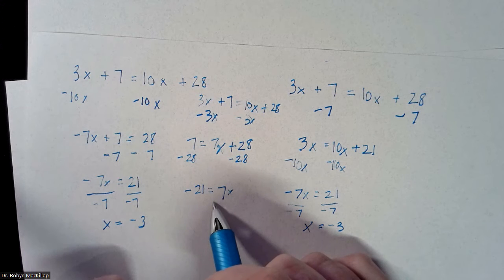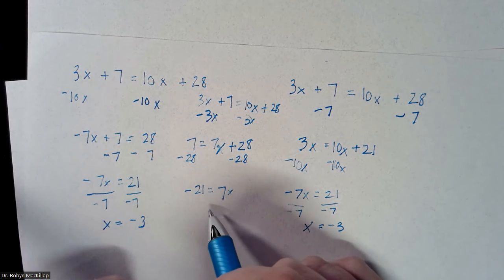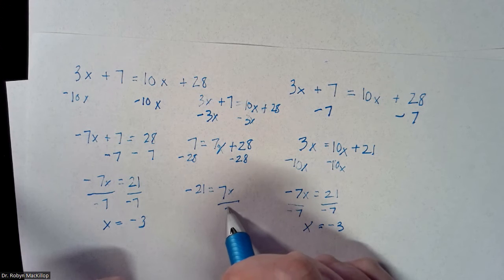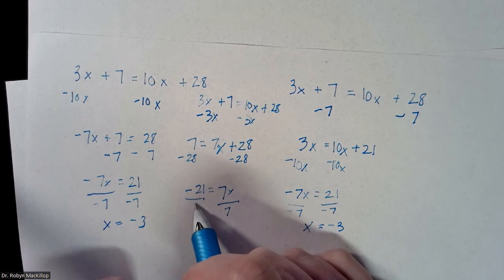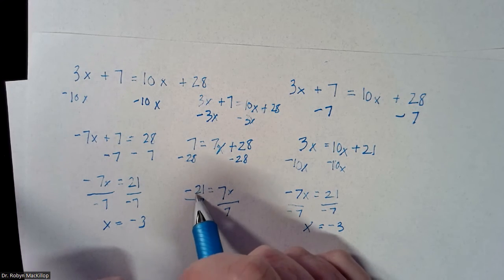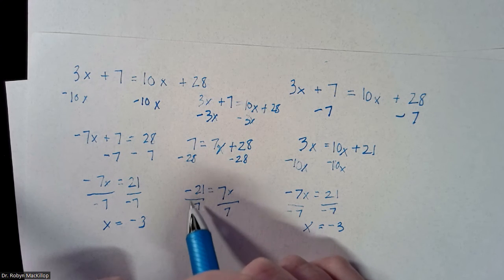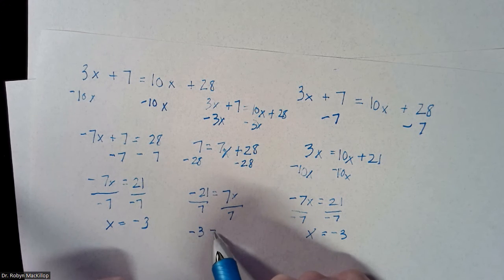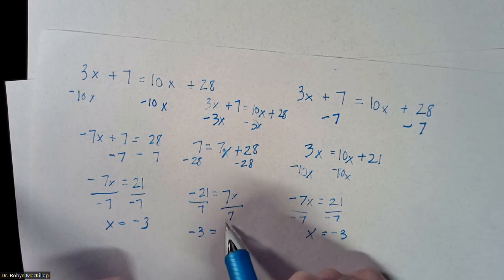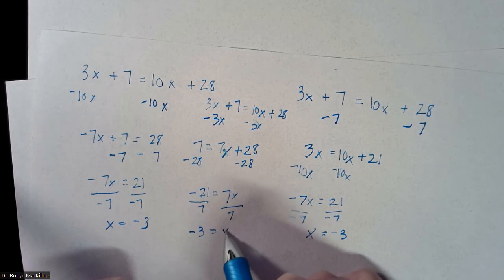So same thing, we've got a one-step multiplication problem. We need to separate the 7 from the x. So we're going to divide out the 7, divide out the 7. Negative 21 divided by 7, bad guy goes into town. Bad for the town, negative 3 equals 7x divided by 7 is plain old x.